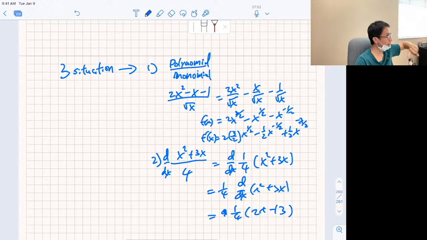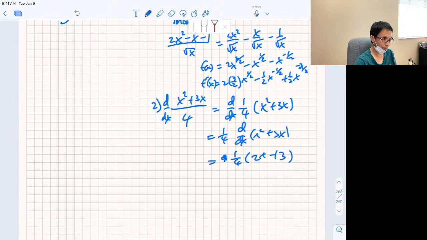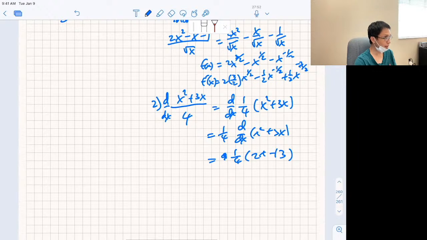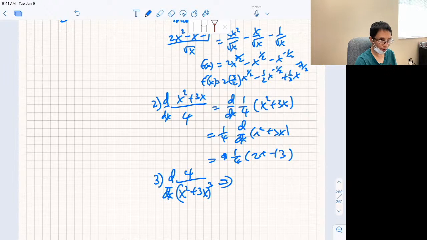So when there's only a constant on the bottom, you avoid the quotient rule. Constant on the top, also avoid the quotient rule. If you have 4 over x squared plus 3x to the 3rd power, d/dx, we haven't learned this yet, but it's going to use something called the chain rule, which is much more effective.